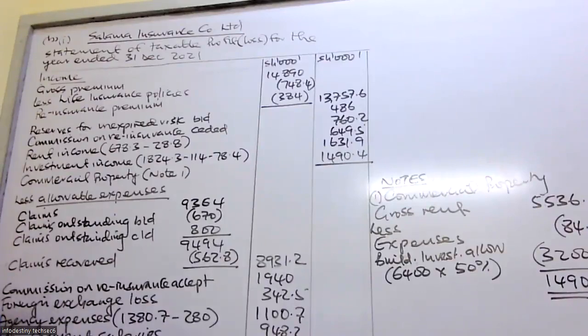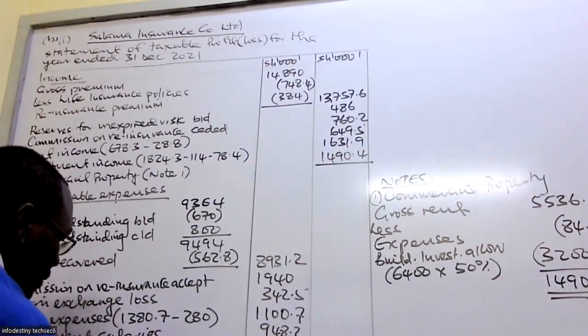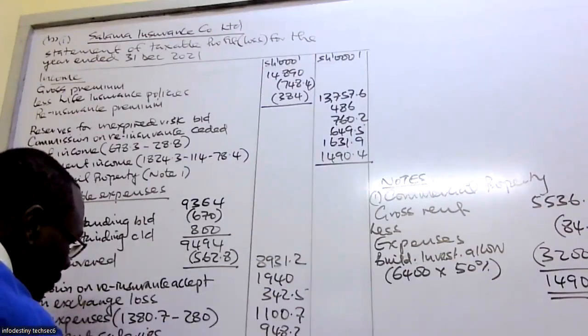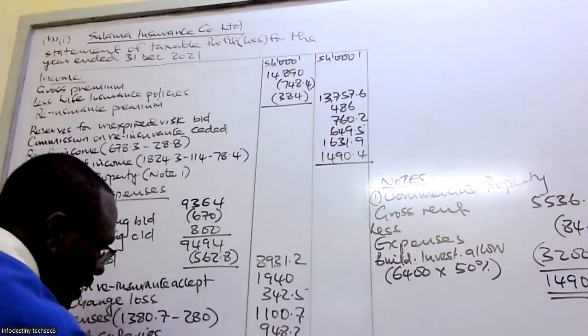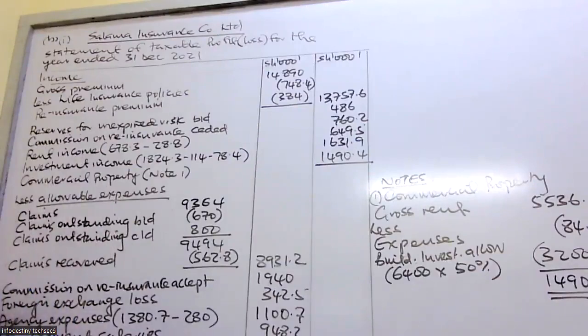Then we get investment allowances. So investment allowances for purchase of computers. Computers cost 300. We get 25% of 300 is 75. Then we have computer software.